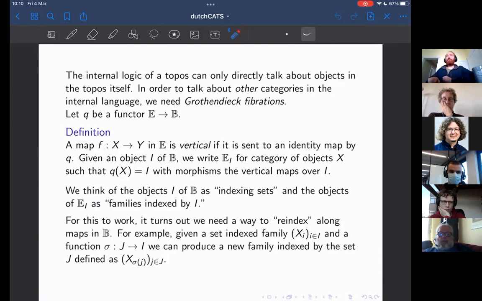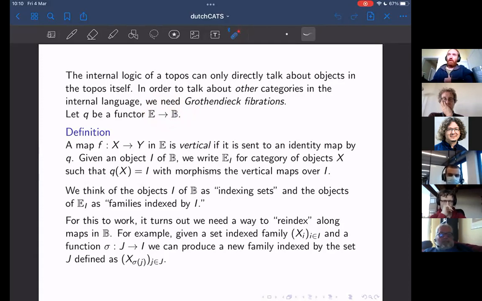So the idea of a Grothendieck fibration is we have a functor from E to B, and we say that B is the base of the fibration.